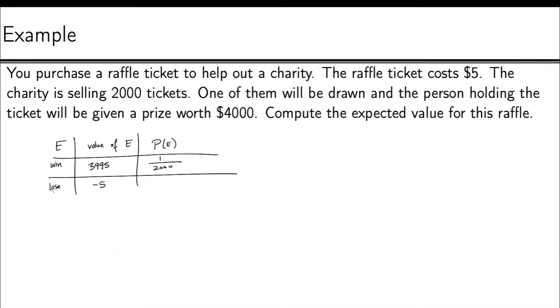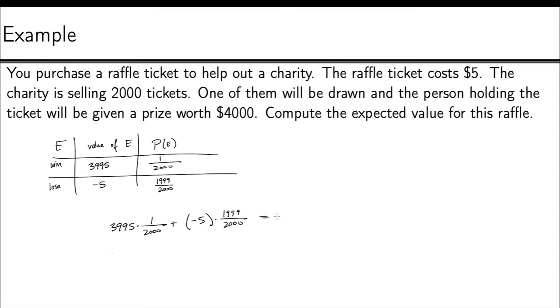The probability of you losing, of course, is the rest of them. So that's 1,999 out of 2,000. And so your expected value is, you take the value, 3,995, times the probability, 1 over 2,000, plus the next one, -5, times the probability, 1,999 out of 2,000.